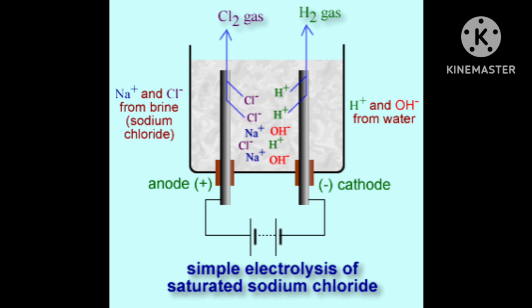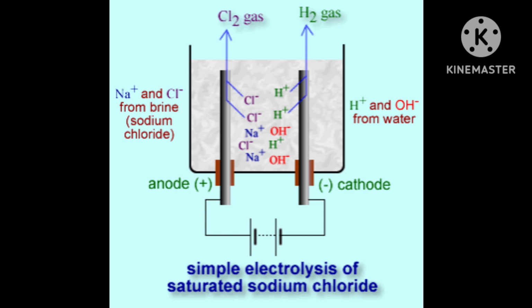Here you have to understand that the reaction at the anode with the lower value of E is preferred. At the cathode the condition was different: a higher value of E was preferred.